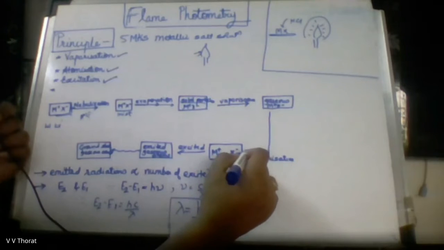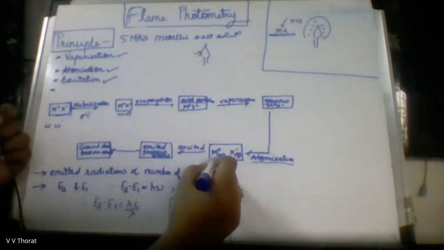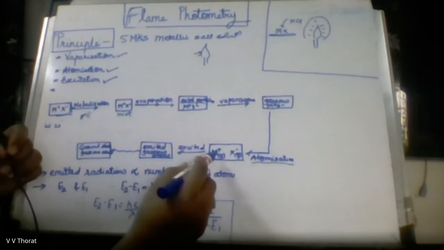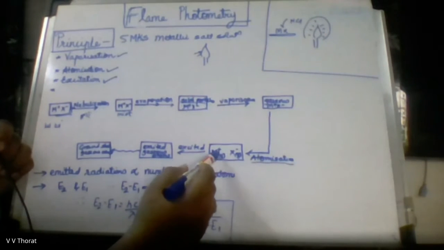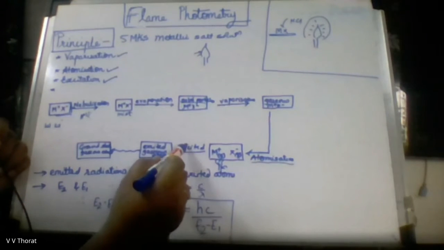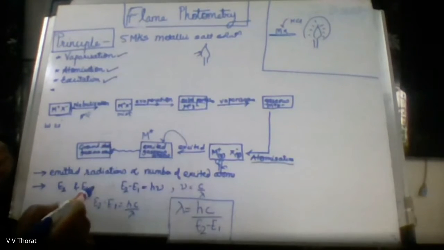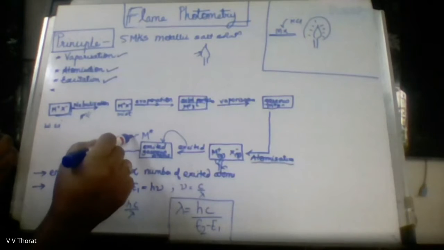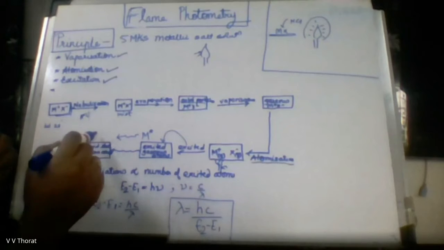Afterwards, in the flame only, these vapors undergo atomization, means atoms in the gaseous state are formed. I have shown M plus gas, X minus gas. These cations will absorb thermal energy from the flame and will get excited. These excited atoms are short-lived and they will emit characteristic radiation and come to the ground state.